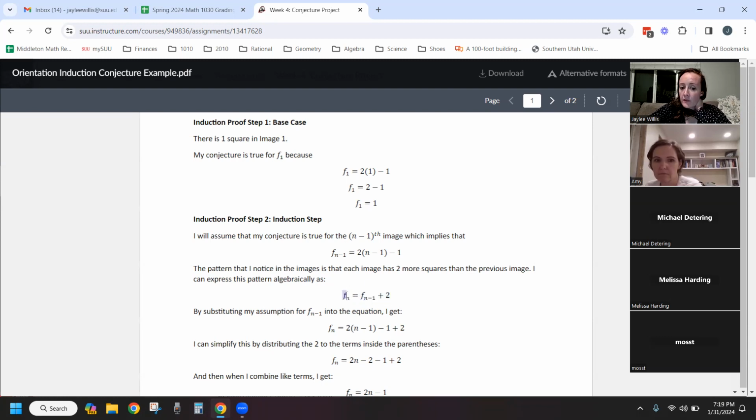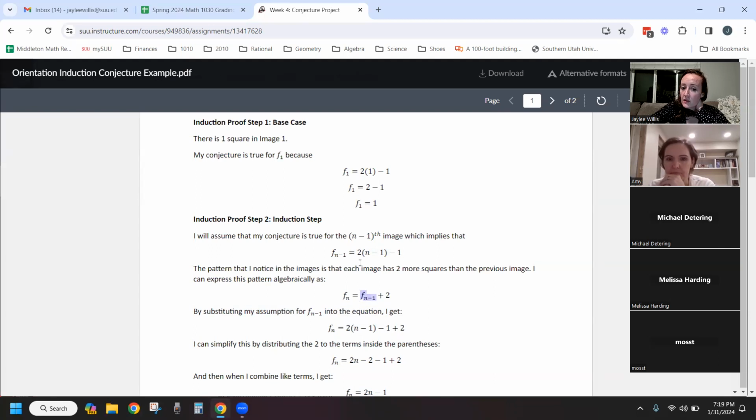Again, my goal is to show that the nth term, the current term, is equal to my conjecture. I'm going to use my assumption that the previous term equals this expression, and you basically just substitute it in.